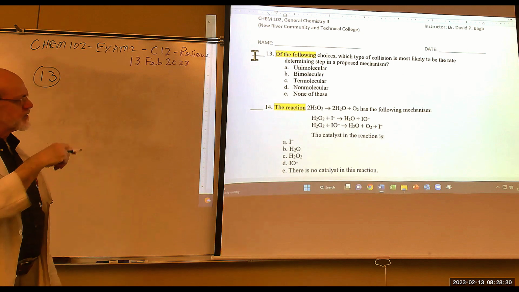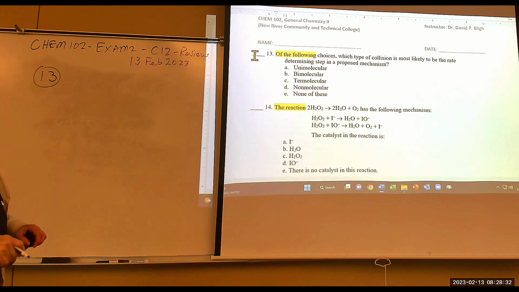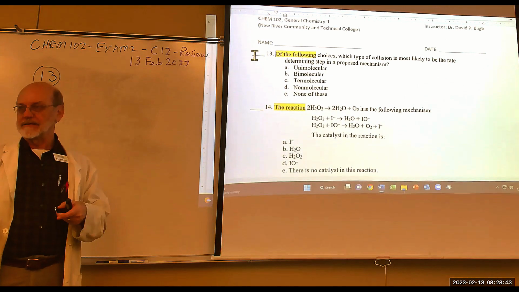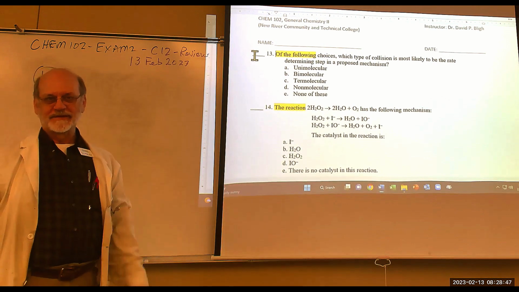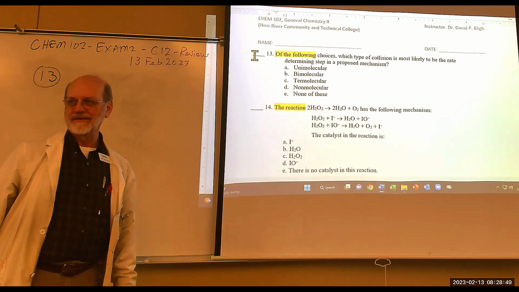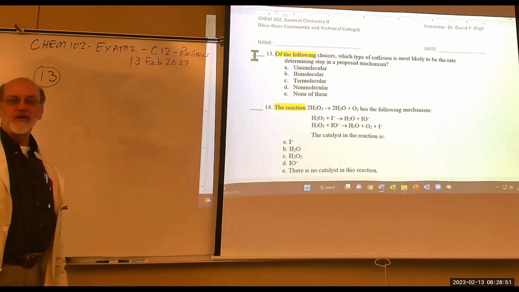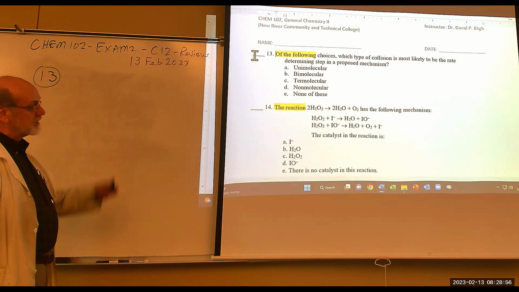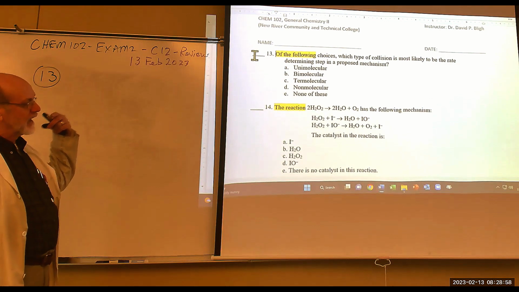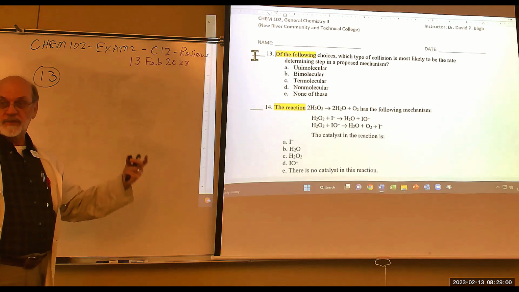Of the following choices, which type of collision is most likely to be the rate determining step in a proposed mechanism? First of all, which step in a mechanism controls the rate? The slowest one controls the rate. So out of these different types of elementary steps, which one would be the slowest?